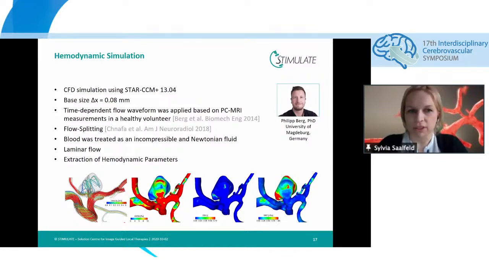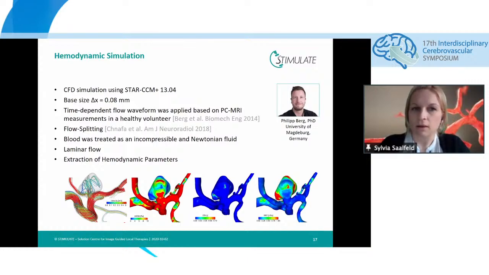So we also assumed the flow splitting provided by Schnaffer et al. And we used a time-dependent inflow waveform based on measurements in a healthy volunteer, and the blood was treated as an incompressible and Newtonian fluid.